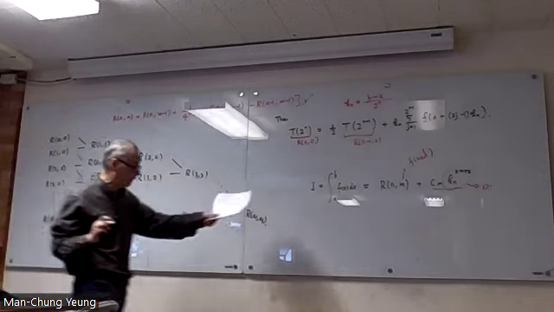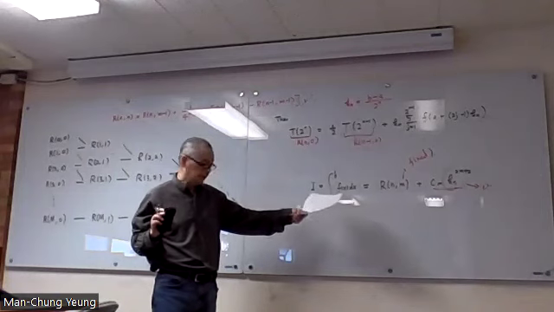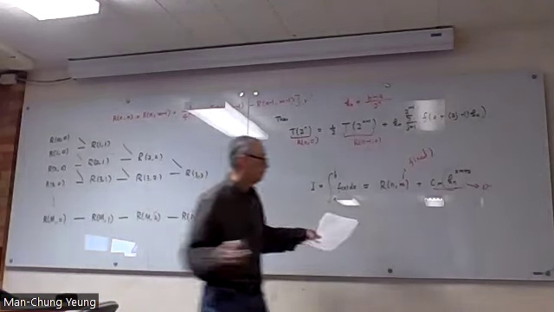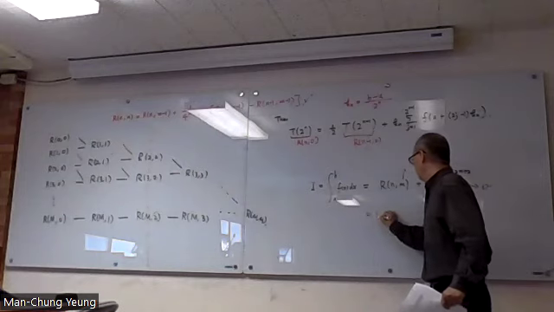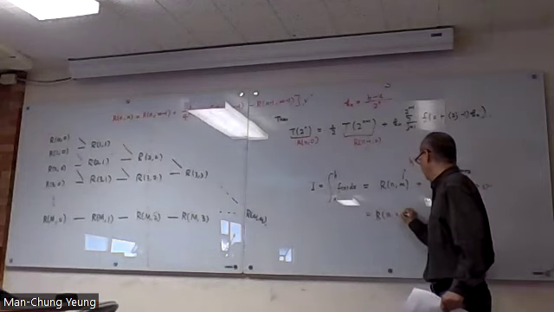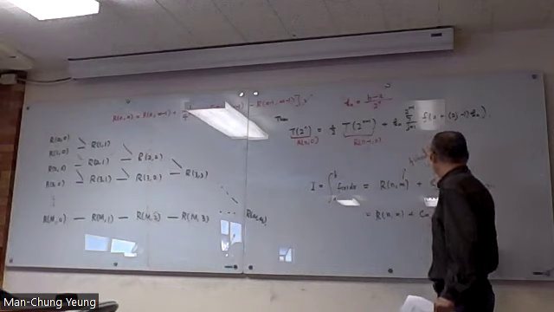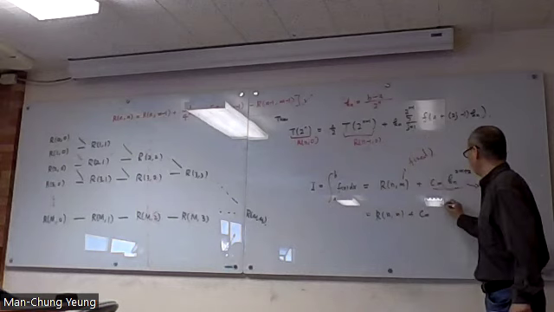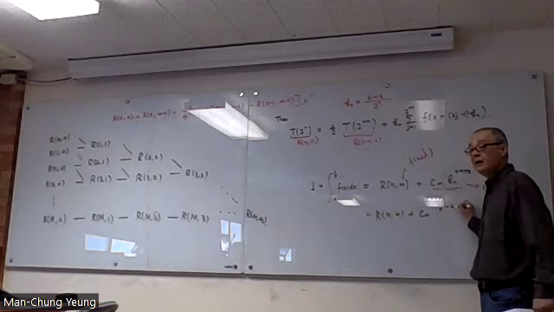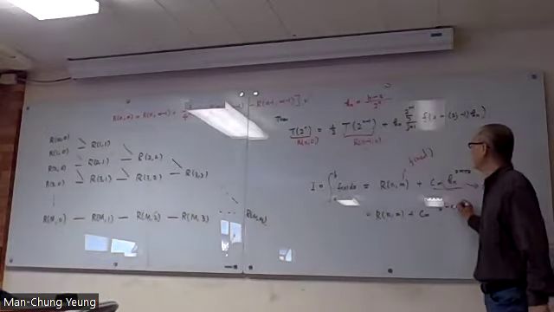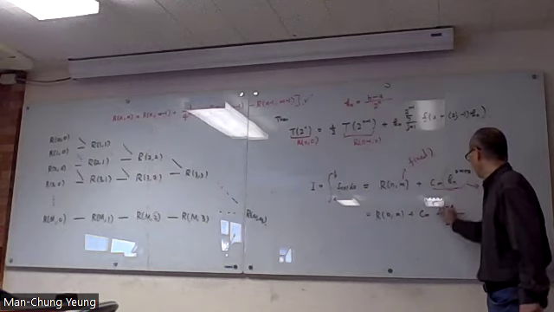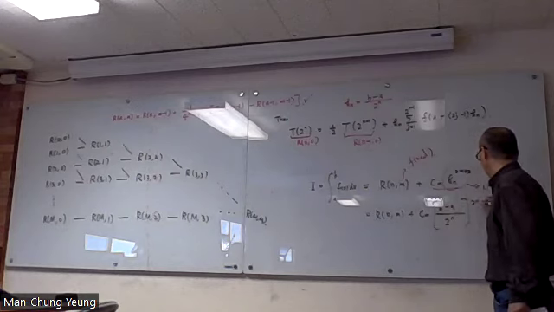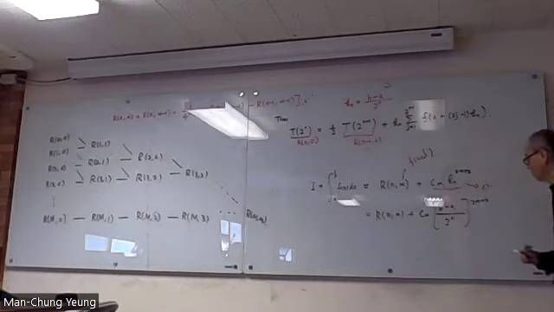Any questions about this error? In detail, it may be some constant C m. Now let me plug this in. This is b minus a, the constant is fixed, then 2m plus 2.